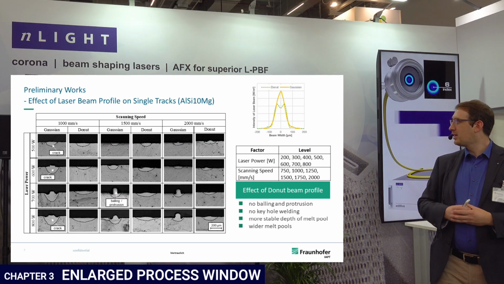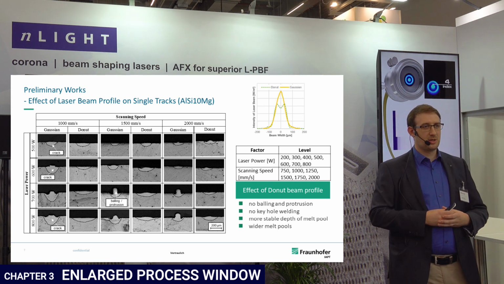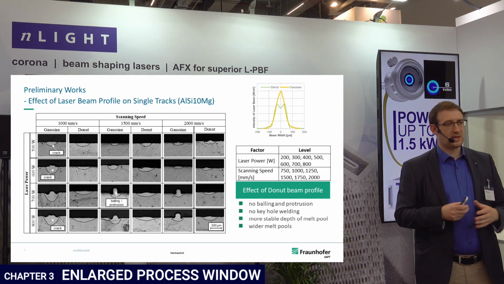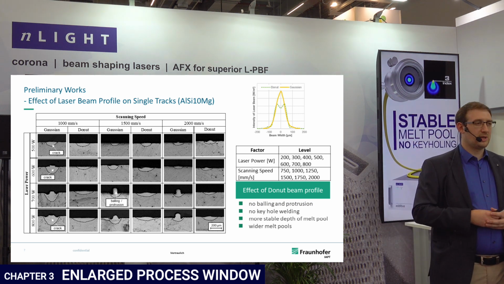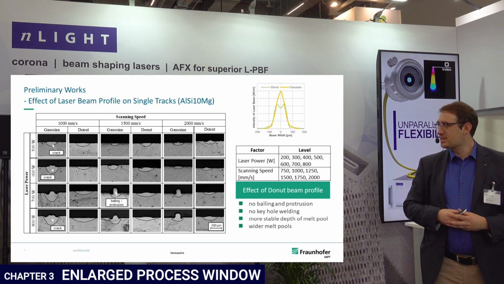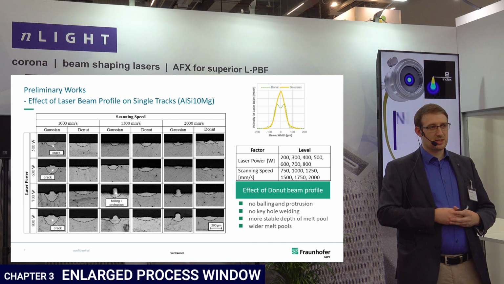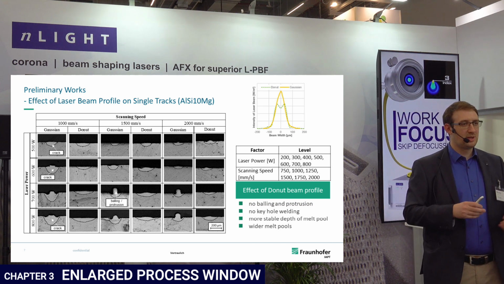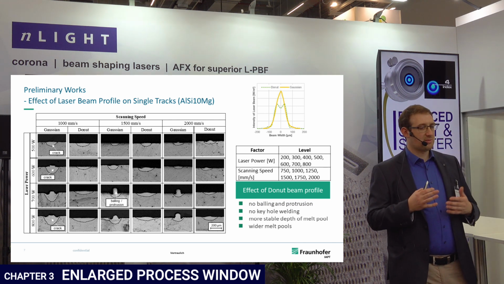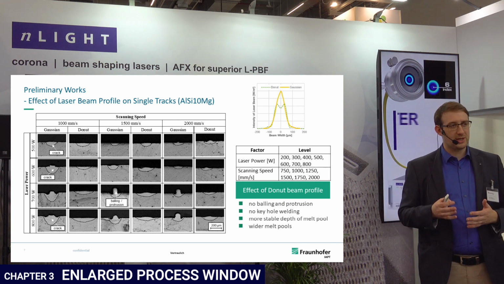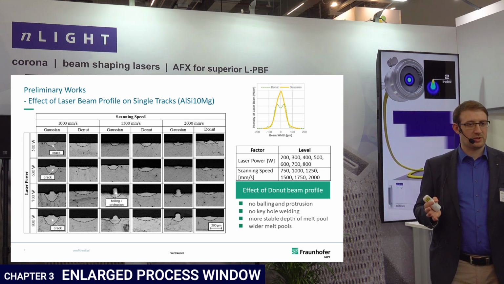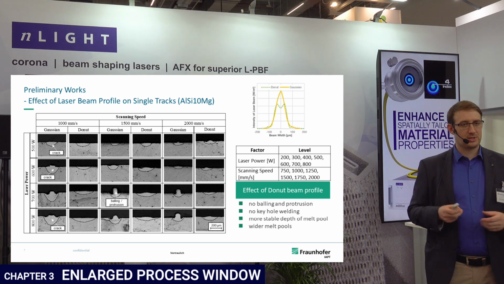On the top right, you can see a typical Gaussian beam profile, and then a ring-shaped beam profile with the same diameter. In the table with the etched cross-sections of a single weld track, you can see a comparison of the melt pool for different laser powers and scan speeds. For the Gaussian profile on the left, you can see some defects like protrusion or cracking, while for the donut profile this was not visible for the wide range of process parameter combinations we used.